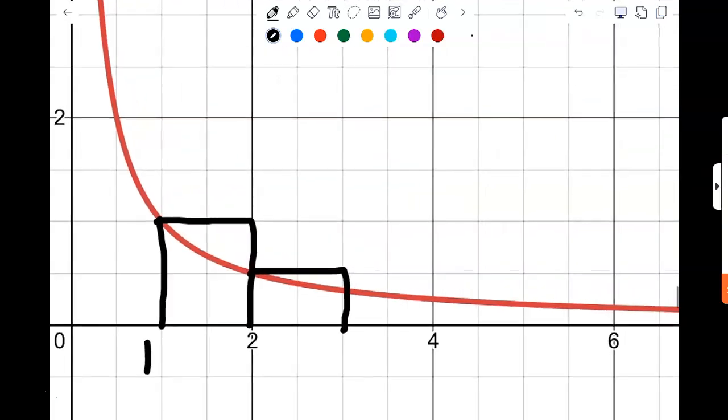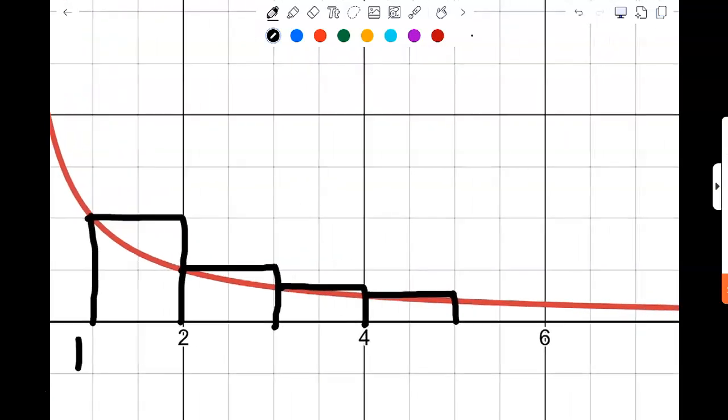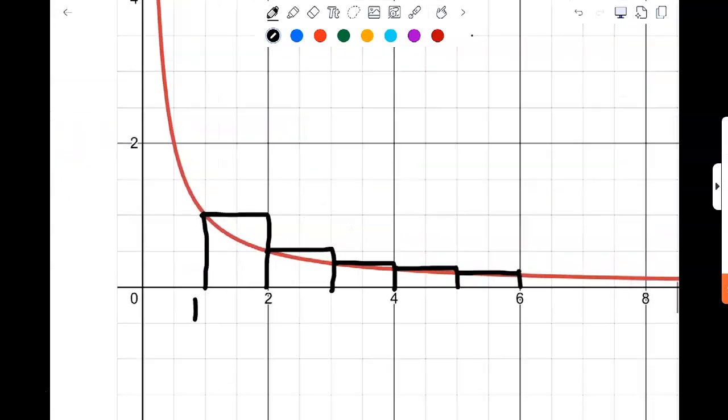And then at 3, I'm going to start on its point in the graph. Go from 3 to 4. And at 4, I'll start on its point in the graph and go from 4 to 5. And then I'm going to start here at 5 on its point of the graph over to 6. And I'm just going to keep doing this.